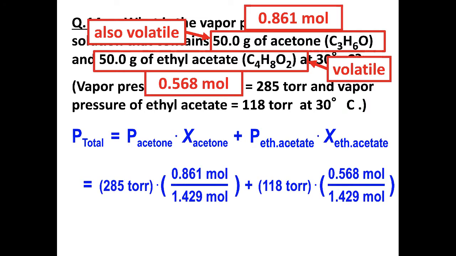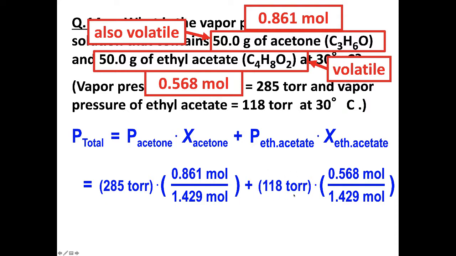So when we plug in our numbers, the vapor pressure of acetone is 285 torr. Moles of acetone is 0.861. Total moles is moles of acetone plus moles of ethyl acetate, 1.429. And then we do the same thing for the ethyl acetate, and we add that.